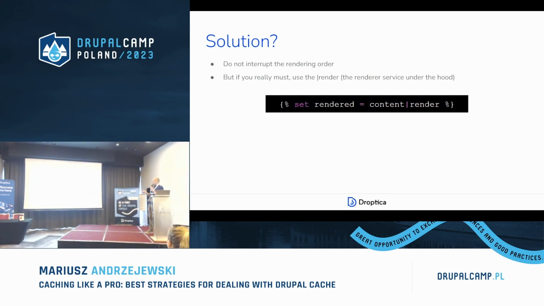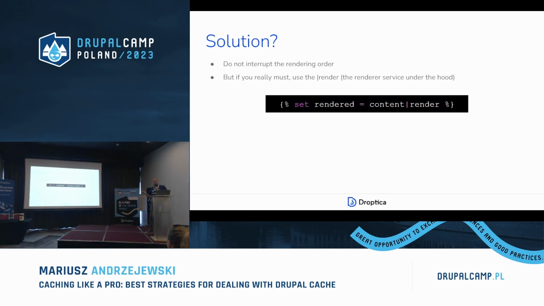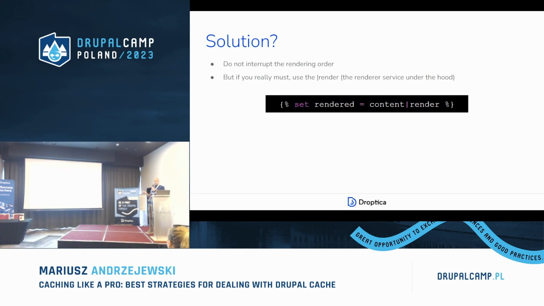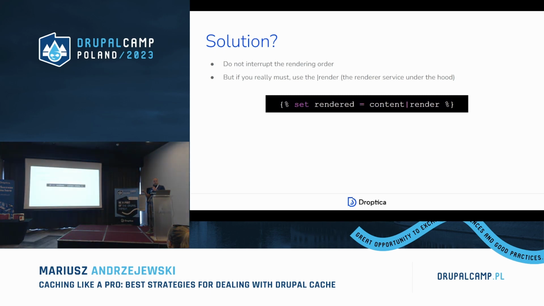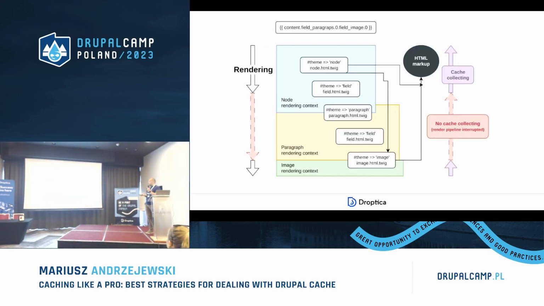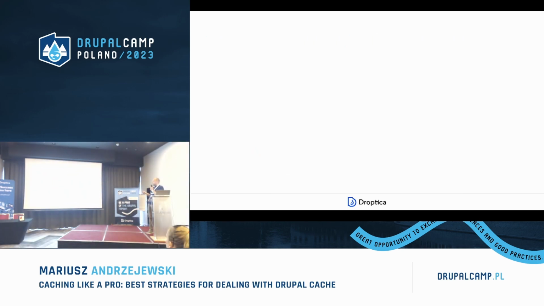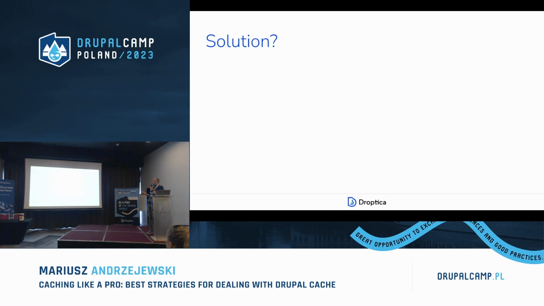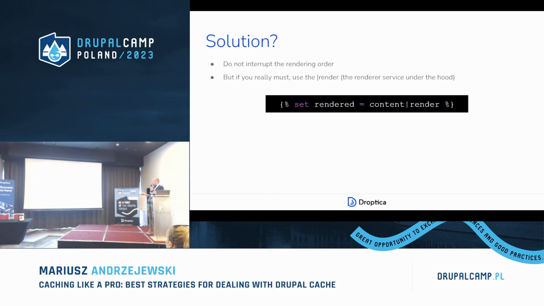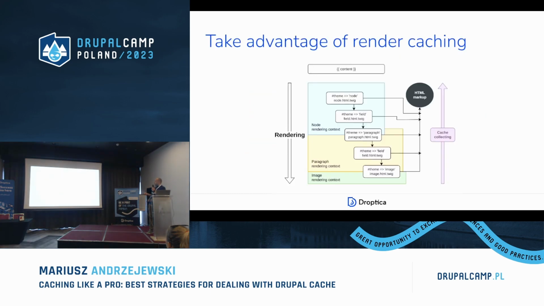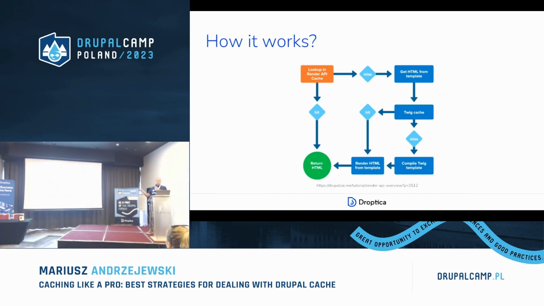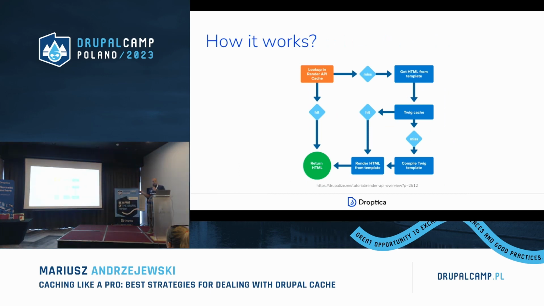Do we lose performance because of this? No, it will pass the rendering as I show over here. Yeah, and it will work correctly. And then when we're going to print a particular field, it will have all of the stuff cached.